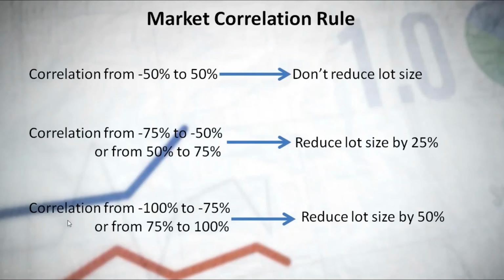And if these two currency pairs have a strong correlation, for example, from minus 100% to minus 75%, or from plus 75% to plus 100%, then we reduce the lot size of the strategy by 50%.